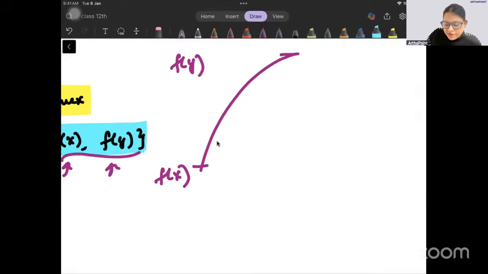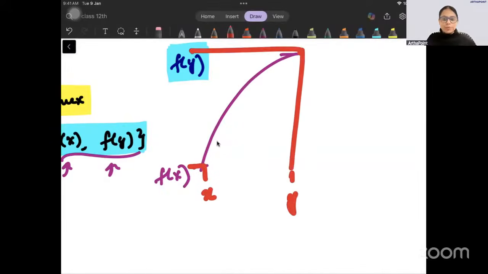The maximum of f(x) and f(y) is f(y). I take different combinations of x and y. ठीक है, मैंने यहाँ पे x के कॉरेस्पॉन्डिंग फंक्शन का वैल्यू रहा होगा, यहाँ पे y के कॉरेस्पॉन्डिंग फंक्शन का वैल्यू रहा होगा. I take all possible combinations of x and y. So x and y को मैंने अलग अलग वेटेज देके I found out all the different combinations.